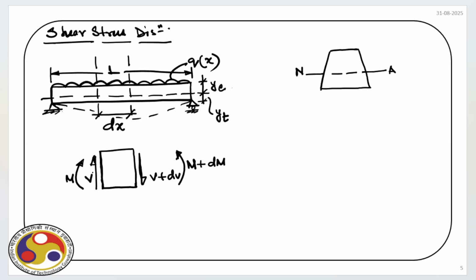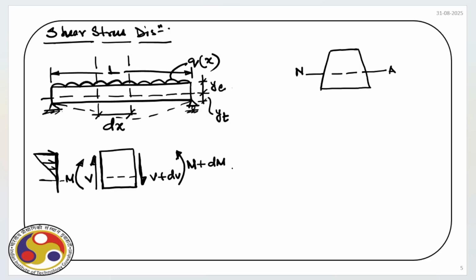Now, if we draw the bending stress distribution, say we have the neutral axis somewhere here, then obviously we'll have a linear variation, right?